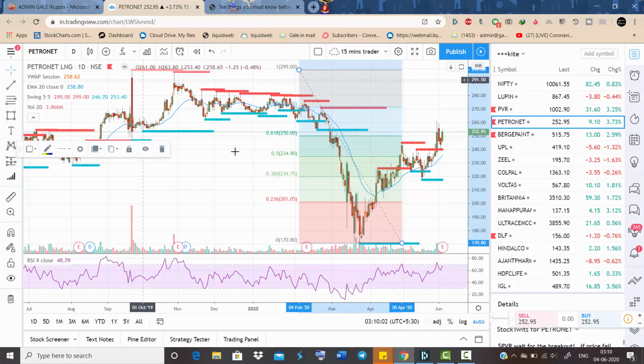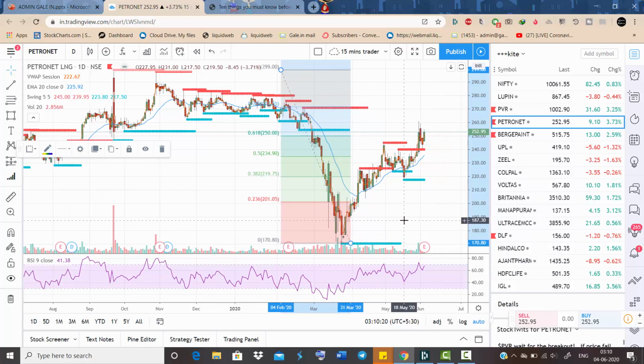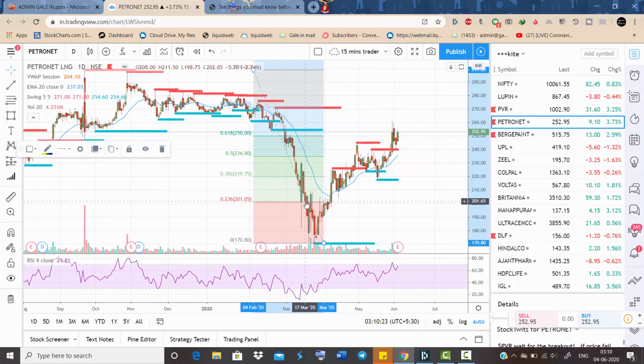From the swing high to swing low, you get this Fibonacci retracement level. Just keep this aside. Once this fall has happened, the chances for reversal are at these positions.